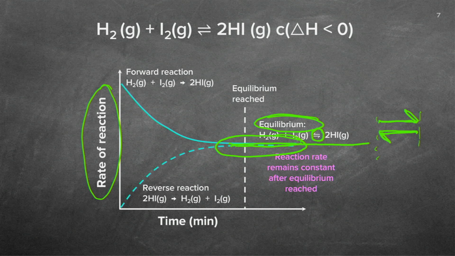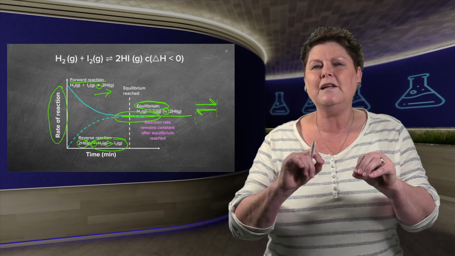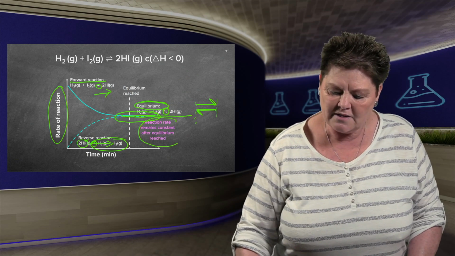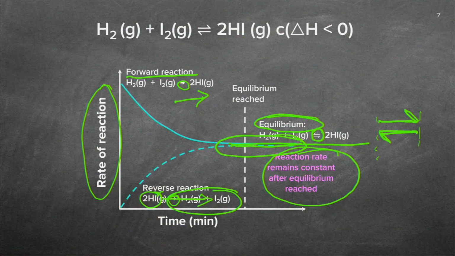Have a look at the arrow there. Can you see it's the forward reaction? It's just going forward. And have a look at the arrow here. It's the product going to the reactants. Make sure that you see all the little indications on your graph. The reaction rate is now constant because it's equilibrium.